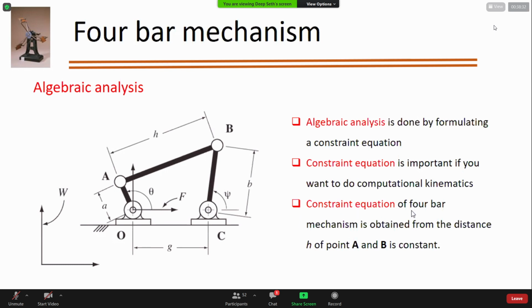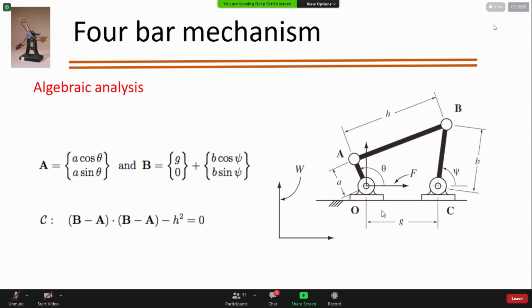The constraint equation of the 4-bar mechanism is obtained from the distance h between points A and B, which will always be constant because it is a fixed rigid link. Our main concerns are A and B because O and C are fixed. Just points A and B are moving, that you should know.